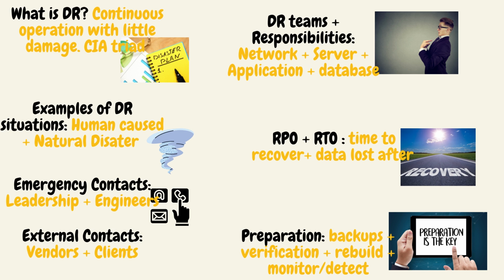What is a DR? DR, in a nutshell, is ensuring continuous business, continuous operations in the event of an emergency, following the CIA triad, which stands for confidentiality, integrity, and availability.